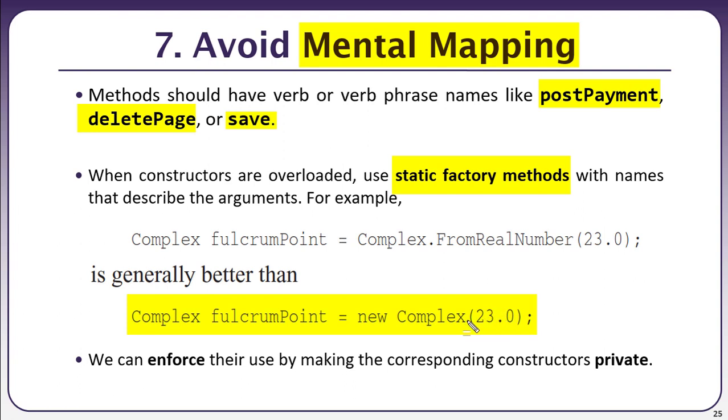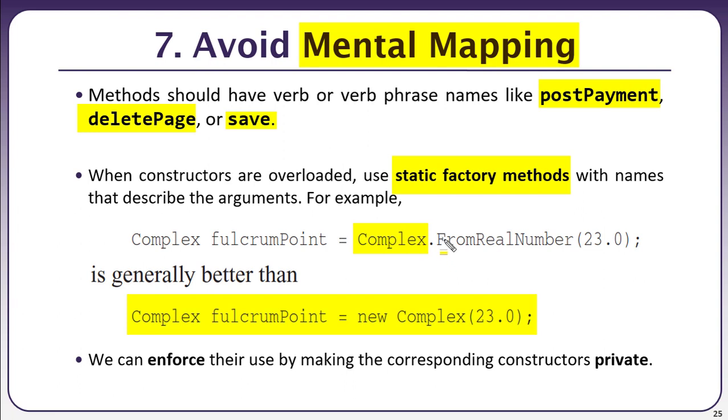So instead of using this format, मुझे क्या करना चाहिए? I should be creating a static method, a static factory method. So I can call that static method directly on the name of the class, or I can name the method जिसको पढ़कर I can understand what type of object it is going to return me.